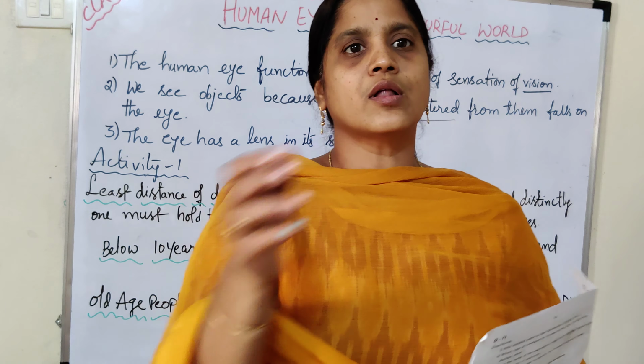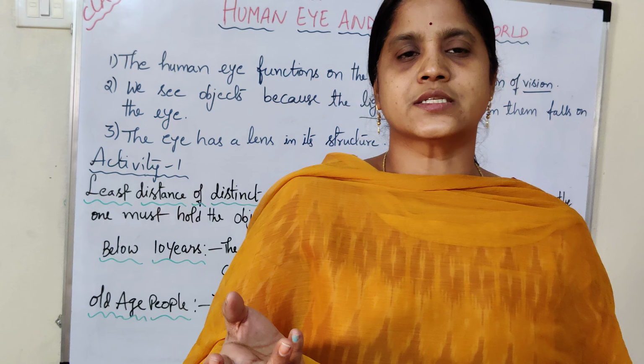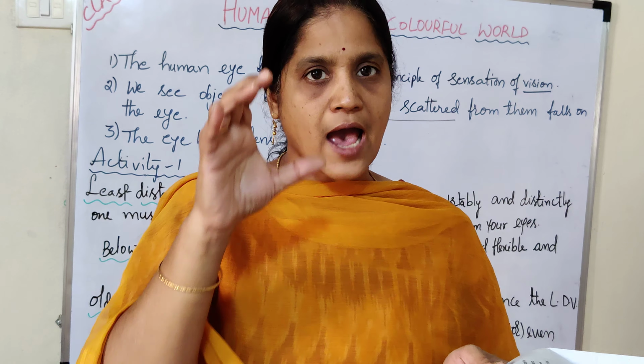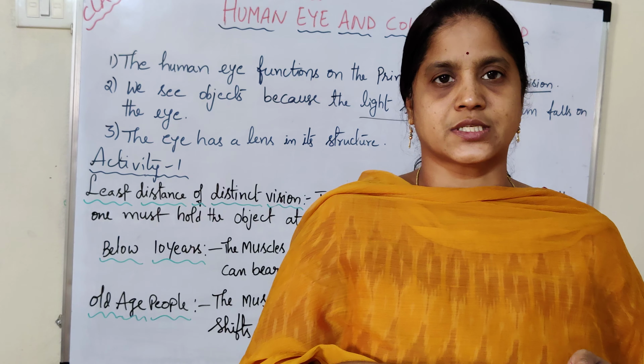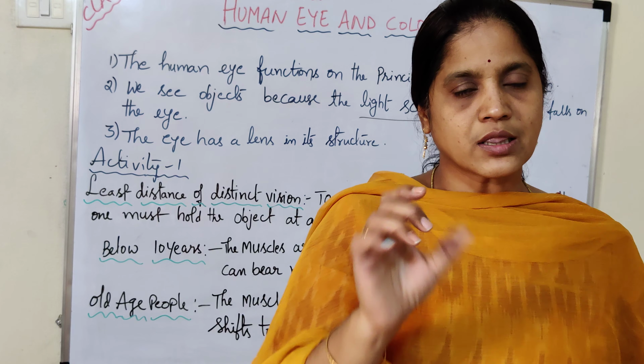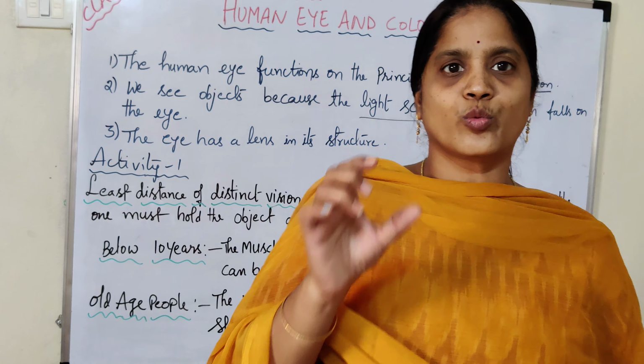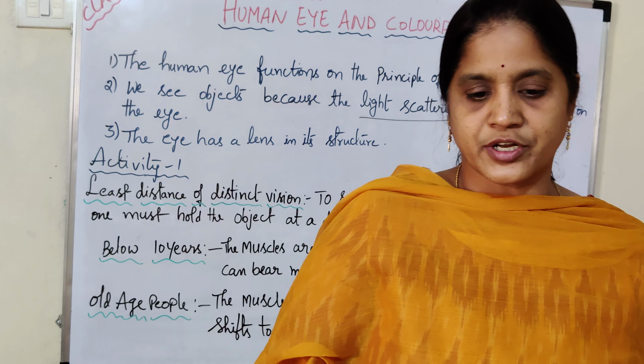I said four persons, but you can take more. Then find out the average of all the distances. You will get the value known as the least distance of distinct vision, that is 25 centimeters.